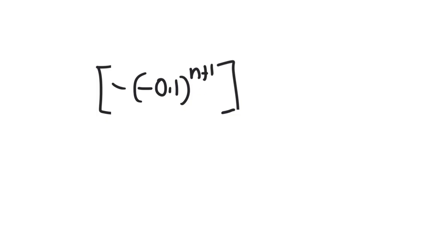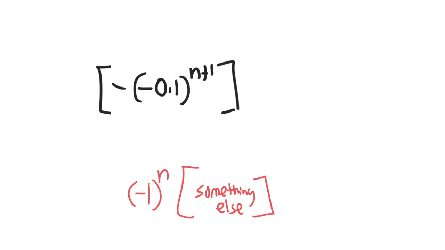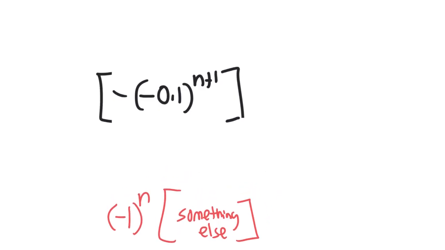And what my goal right now is to, in a sense, force a scenario where there's a negative 1 raised to the something, because that's typically how that oscillation is represented. And it's going to be multiplied times something else. So I kind of want to morph this into something that looks like that. How could we do that?